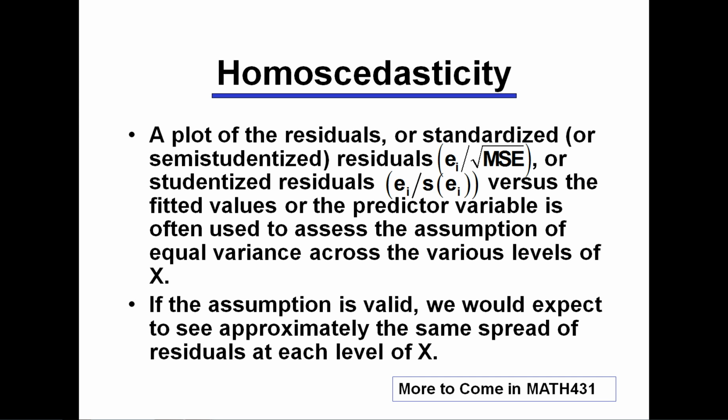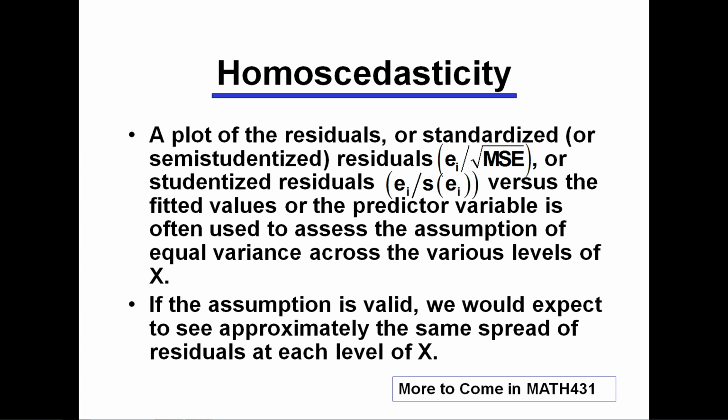There are other residuals. There are standardized residuals. Some people call them semi-studentized residuals. That's where we take the residuals and divide by the square root of the mean squared error, which is an estimate of sigma, which is the notion of standardizing by dividing by the standard deviation of a quantity. Or we could look at what's called the studentized residuals.